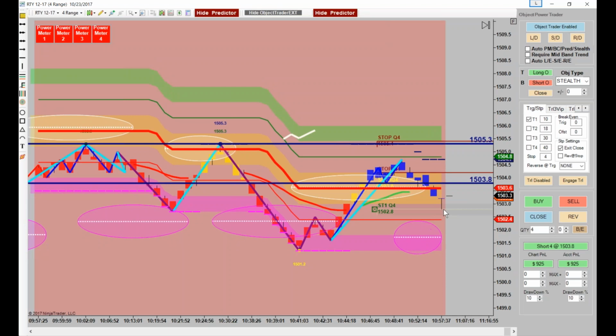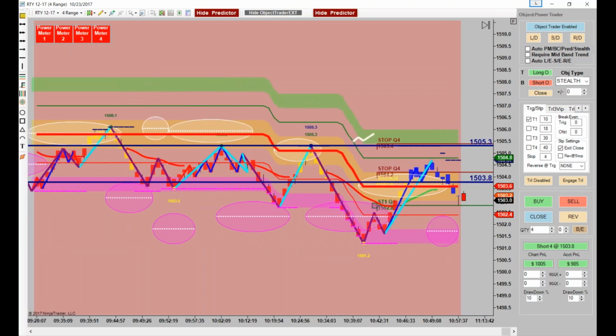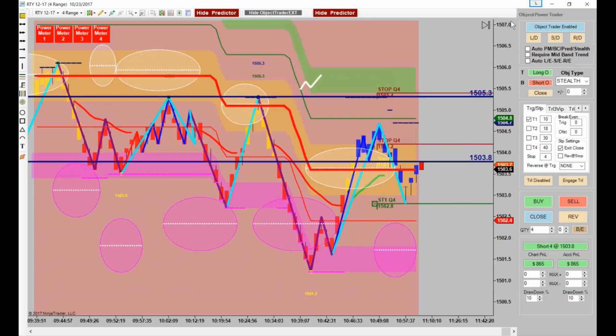That is not even going to hit our target. See that? Did not even wick our target. We'll see if we can get it. Now, let's say that we get this trade and it works out, where would be our next trade on this chart as long as we don't take out the resistance on the left?